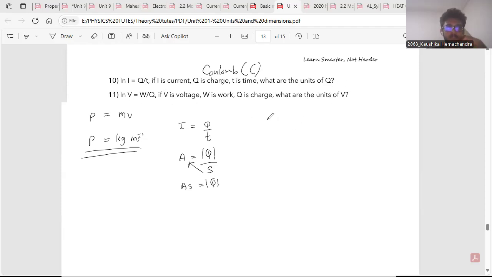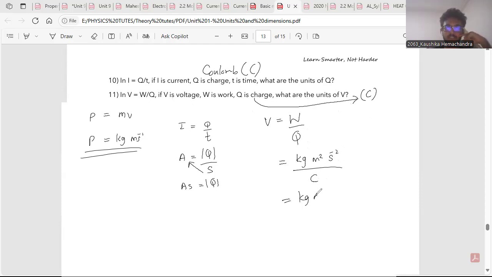Right. Then we have V equals W over Q. V is voltage, W is work, Q is charge. What are the units of V? I told you all to take C for Q in this question. So W is kg m^2 s^-2. Divide by Q. Q is coulombs.